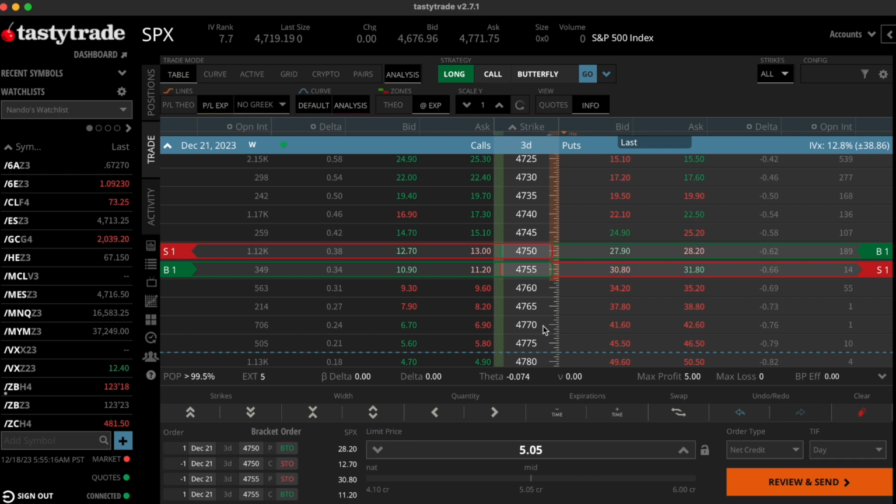Now look at what happens here in terms of price. Let's say that prices close at the end of the day below 47.50. What happens there is you're going to lose $500 on the put vertical, but remember you sold it for $4.90. And the call vertical expires worthless.